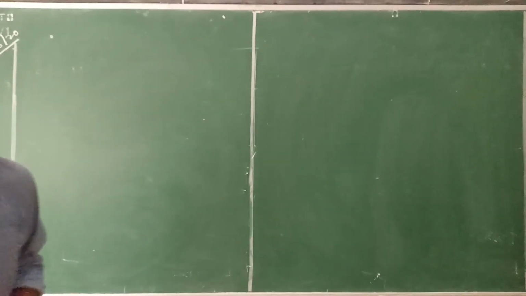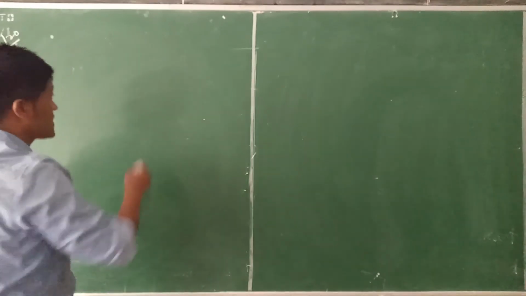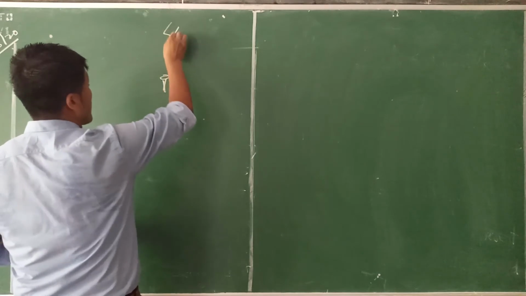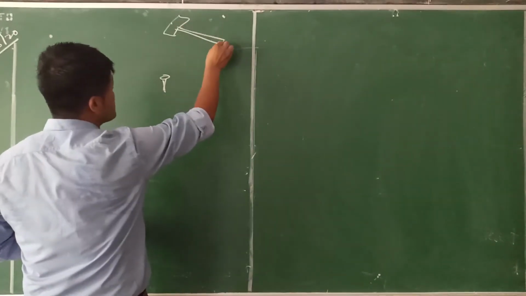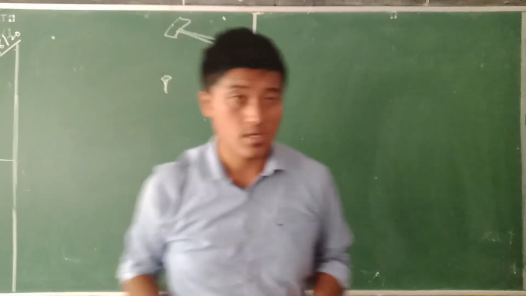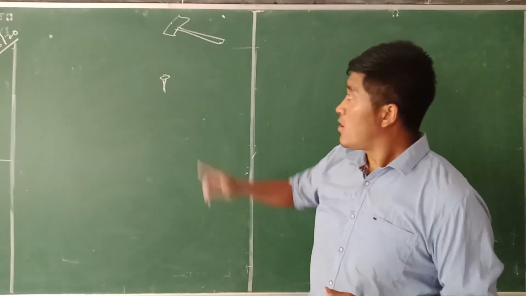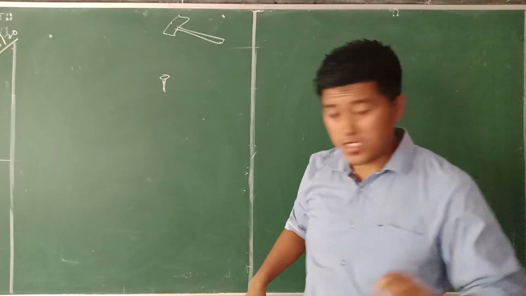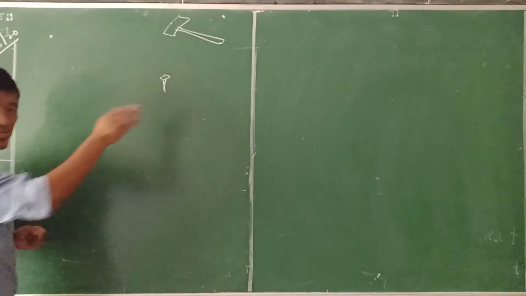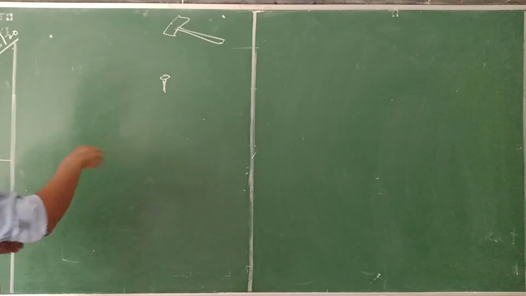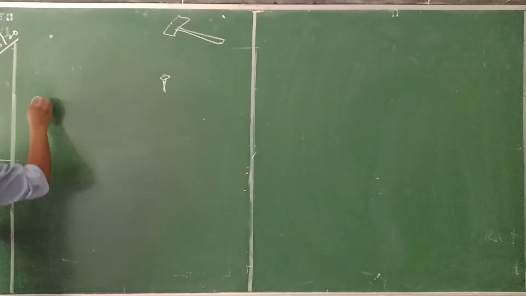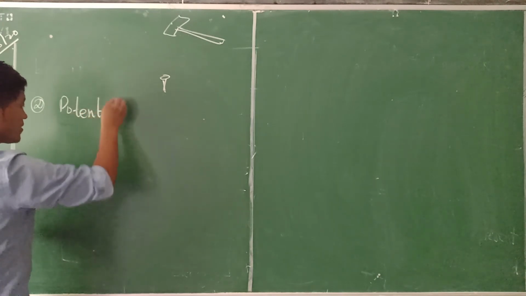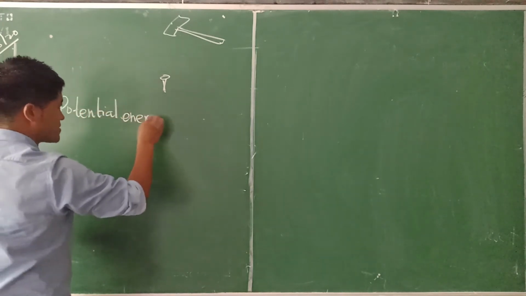Okay, now talking about the second point, that there is a nail and there is a hammer which is raised to a certain height. Understand? So, in that case, there is another different kind of energy. Whenever an object is raised to a certain height, we have another different kind of energy, that is what we used to call as potential energy.